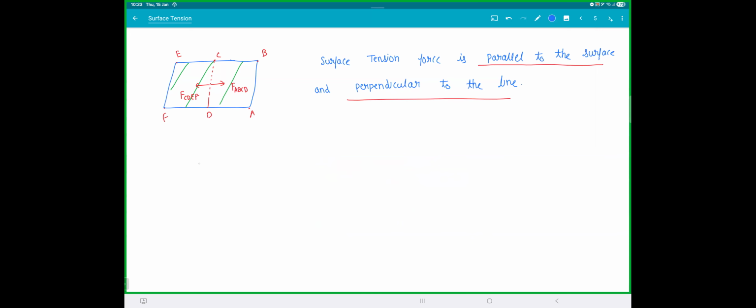So that means if you take not only this line but any random line, and look at the force here, the force will act perpendicular to this line and parallel to the surface.